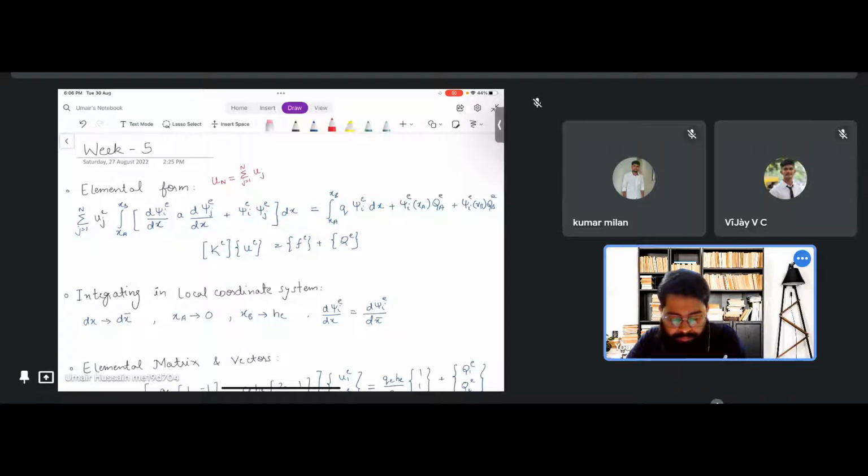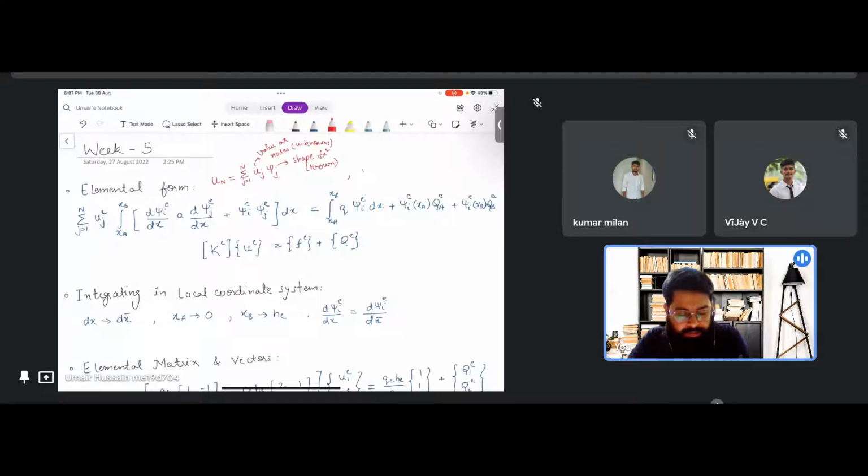So this is the value at nodes, and these are shape functions which are known, and these are unknowns.